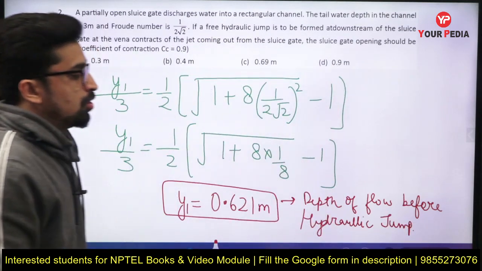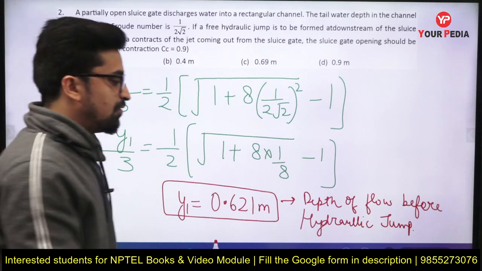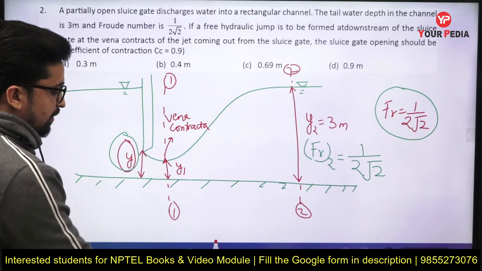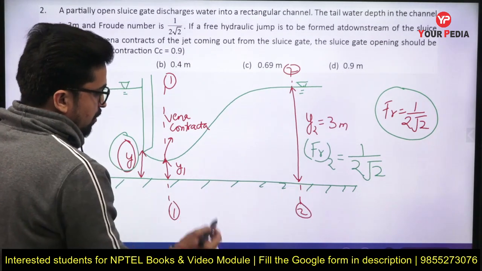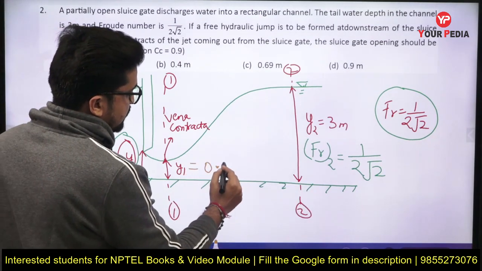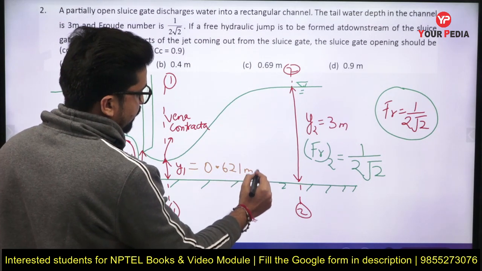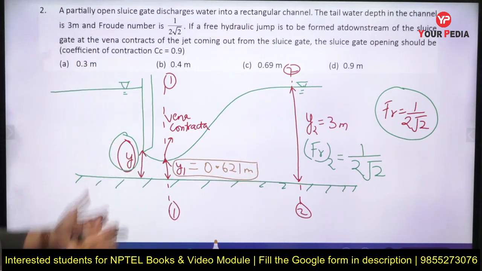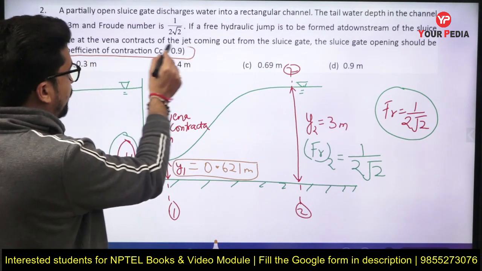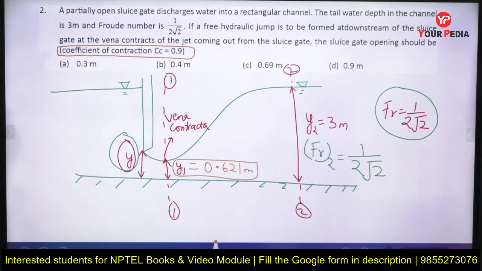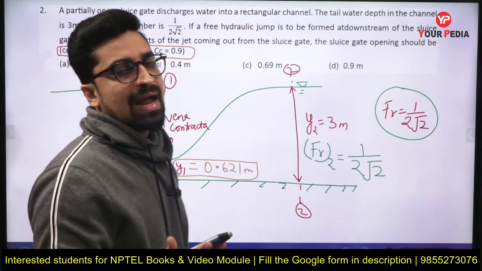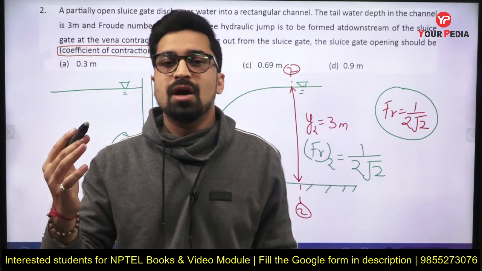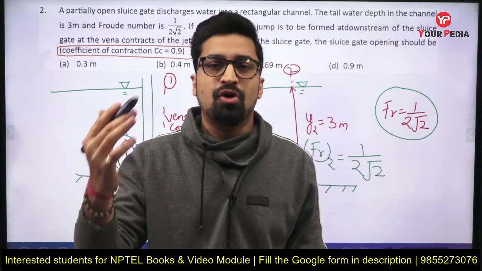Clear? So now we have calculated the y1 depth. We can note in this question that y1 we have just calculated as 0.621 meter. Now they have also provided that the coefficient of contraction, Cc, is 0.9, and we know that the coefficient of contraction is basically the ratio of the area of vena contracta to the area of orifice.